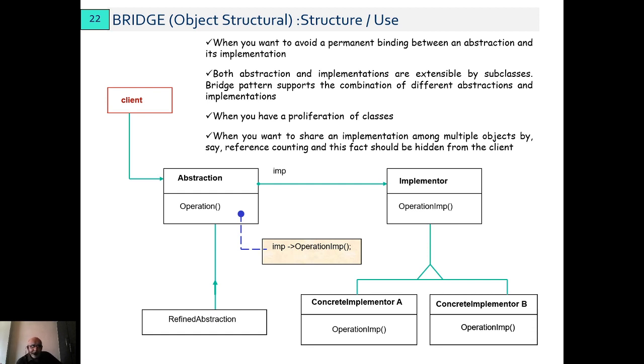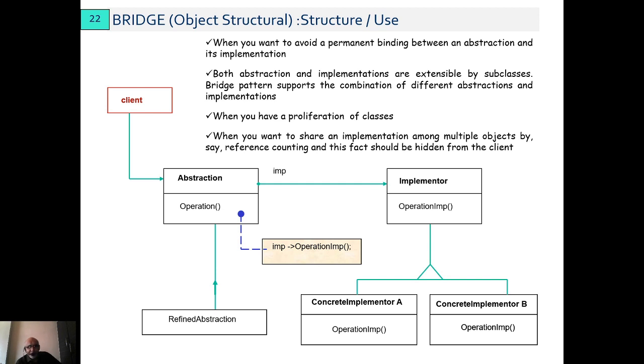The client is now working with the object structural pattern, which means the delegation principle is coming around. The client tries to communicate with the abstraction. The abstraction has refined abstractions A, B, C, D. This kind of decomposition happens due to the hierarchical reformation.